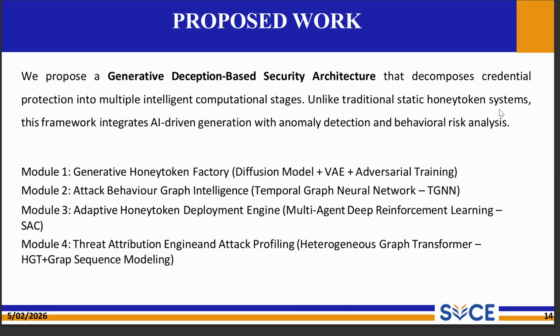Module 3 is the Adaptive Honey Token Deployment Engine, which uses multi-agent deep reinforcement learning with the SAC algorithm. Module 4 is the Threat Attribution Engine, an attack profiling module which uses a heterogeneous graph transformer combined with graph sequence modeling.